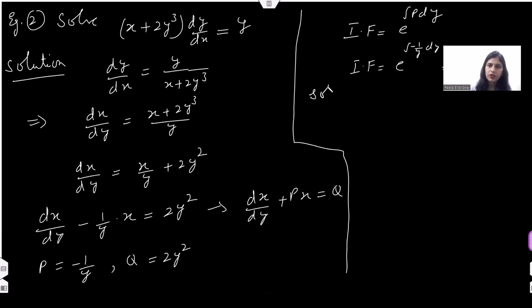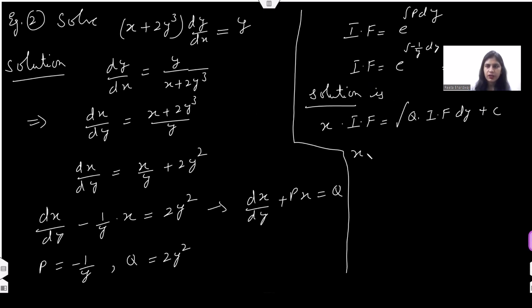Now we can use the formula for the general solution: x multiplied with the integrating factor is equal to the integral of q multiplied with the integrating factor dy plus the constant of integration. So that is x times 1 by y. The value of q is 2y square, and this is 1 by y dy.